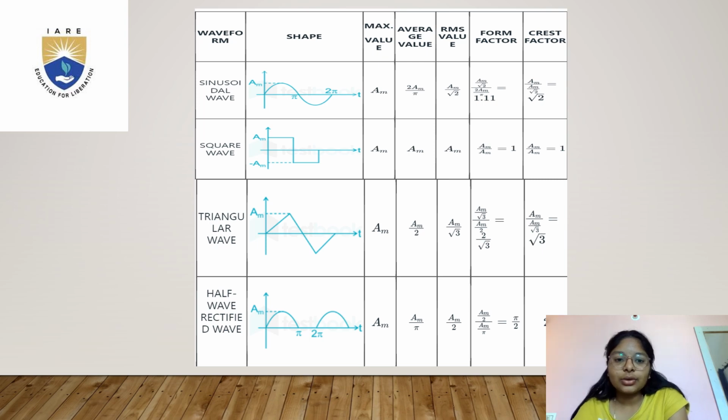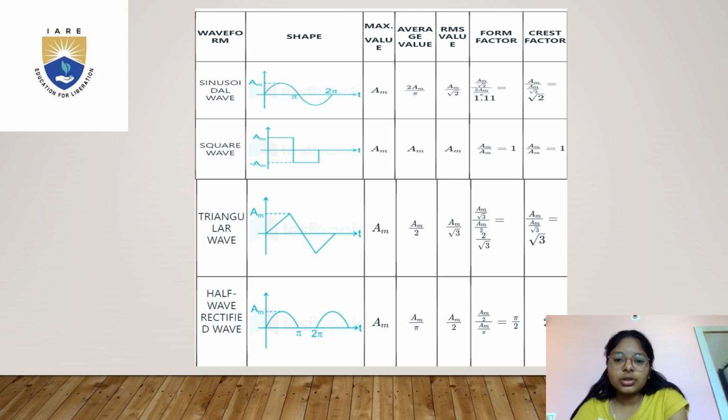Now the next waveform is the triangular waveform. The waveform looks like a triangle, as we see in this table. Its maximum value is Am, and the average value is Am by 2, because we are getting the half triangle.